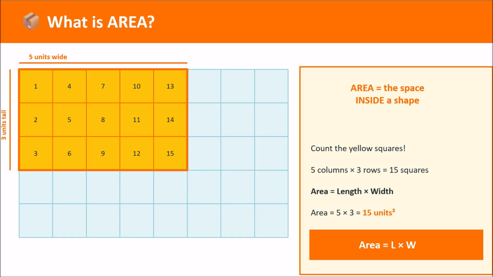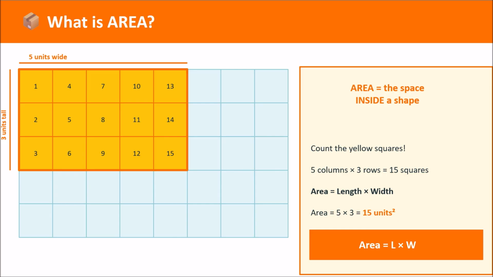Okay, let's start with our first big idea, area. Area is the amount of space inside a shape. Don't forget that, it is inside a shape. Think of it like this. If you were painting a wall, the area is how much paint you would need to cover it completely.